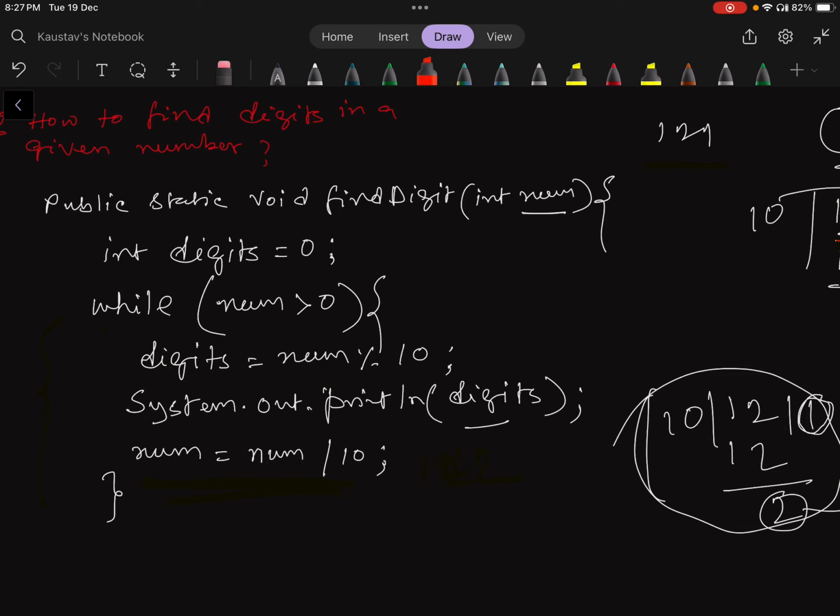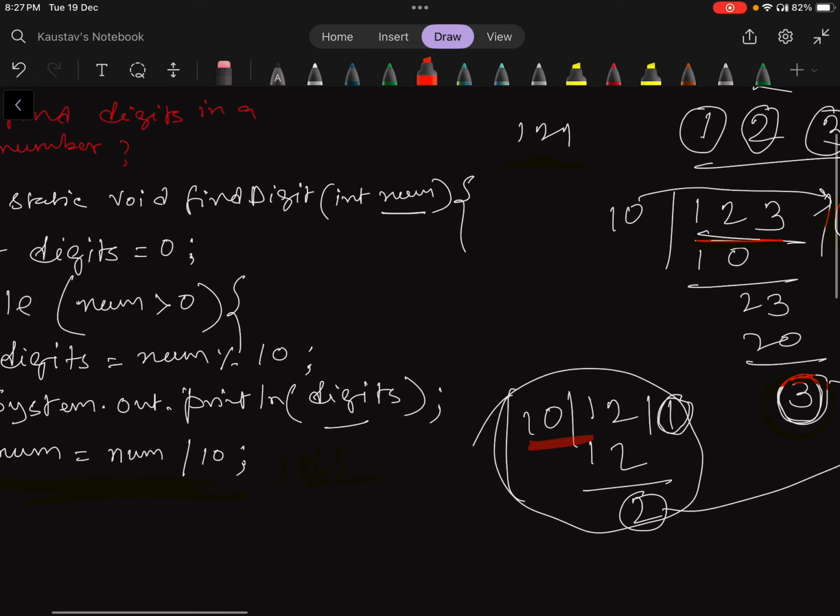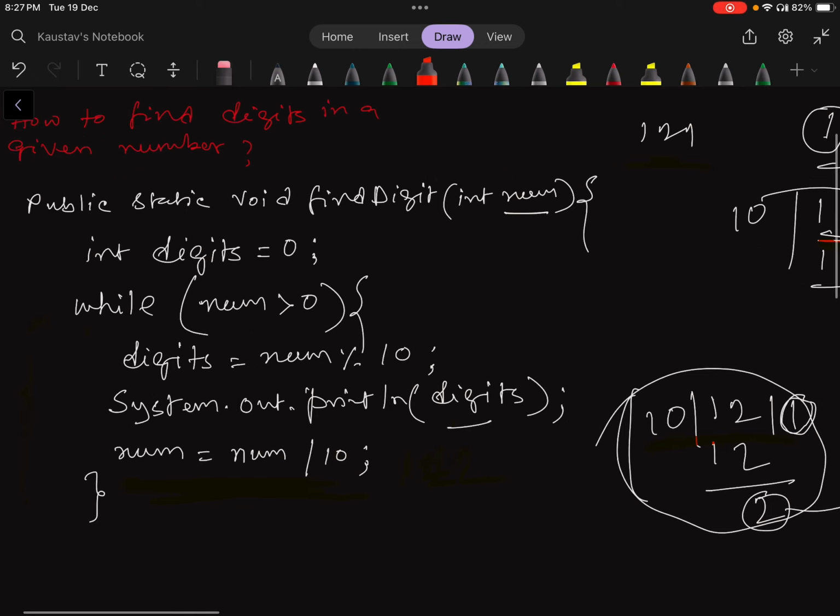Digit will be 2, because if you divide 12 by 10, the remainder will be 2. So the second digit we get. Now again the number will be divided by 10, it will reduce to 1, because if you divide 12 by 10, the quotient will be 1.